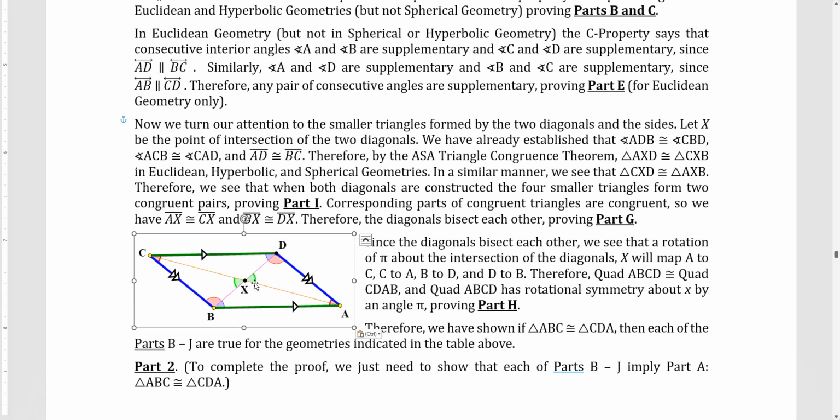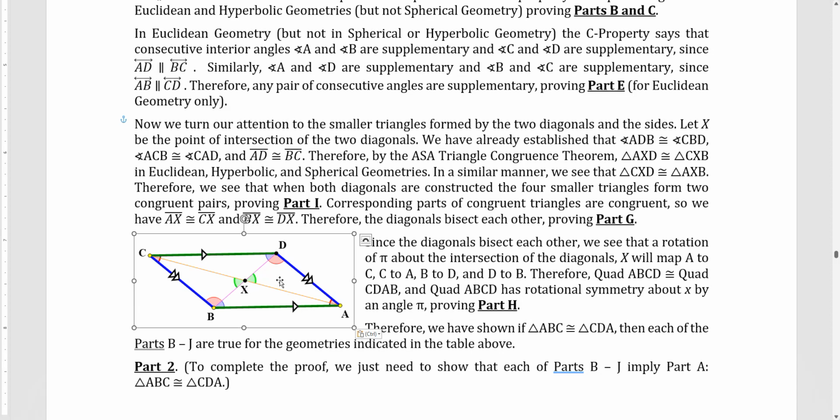Okay, so let's look at the ones that have the blue sides there. Remember we've already established some angles: angle DBA is congruent to CDB, the two blue angles. We've also got the two red angles congruent. And then we've got the vertical angles, the green ones.